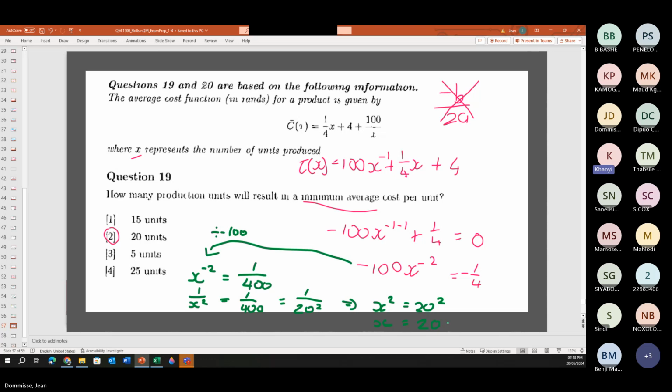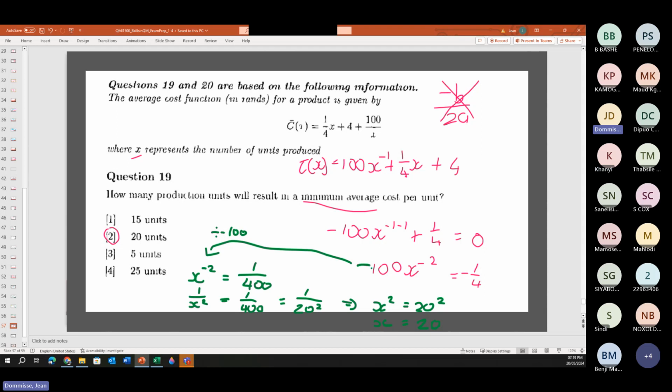Yeah, it does make a bit more sense. But now when I'm seeing here, where we are at my negative 100 x to the power of minus 2, we divide by minus 100, right? Or is it a positive 100?